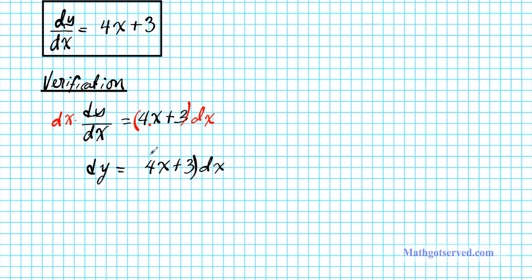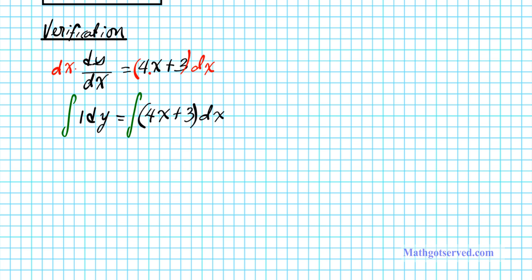Okay? Now to solve for y, we have to find the antiderivative or the integral of both sides. Imagine as though there's a 1 here. So we're going to integrate this side of the equation and that side of the equation. Okay? The dy tells us we're integrating with respect to y on the left, and dx tells us we're integrating with respect to x on the right.